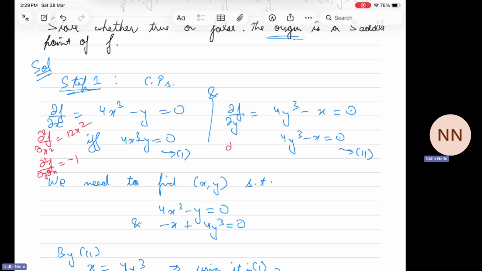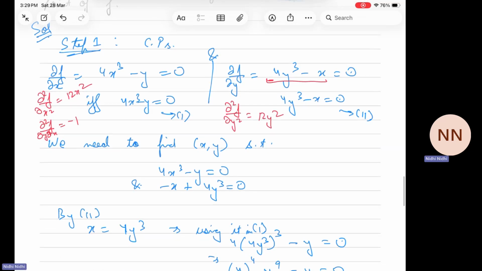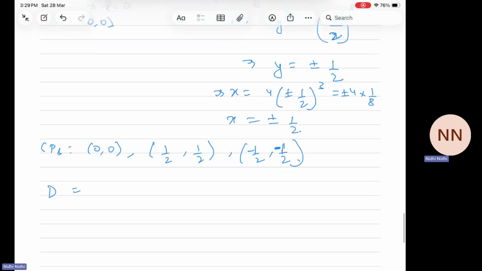Differentiating again by y, del 2f by del y square will be 12y square. I'll write it in red: D is 12x square times 12y square minus 1 square. That means 144x square y square minus 1.